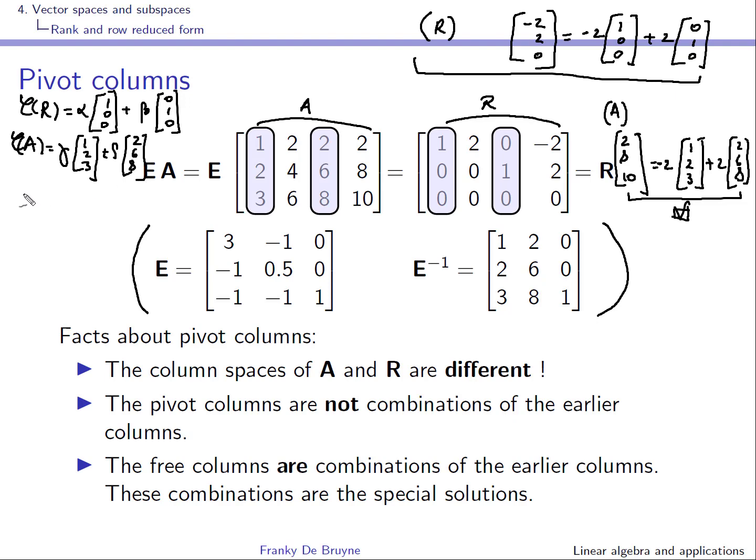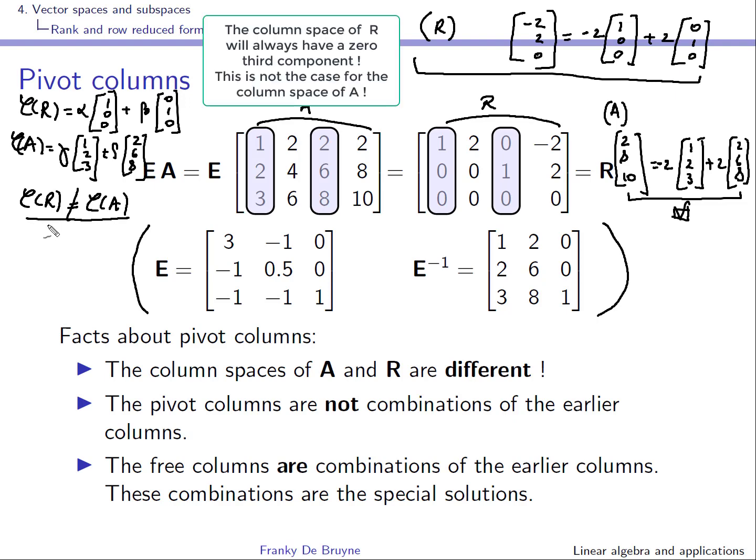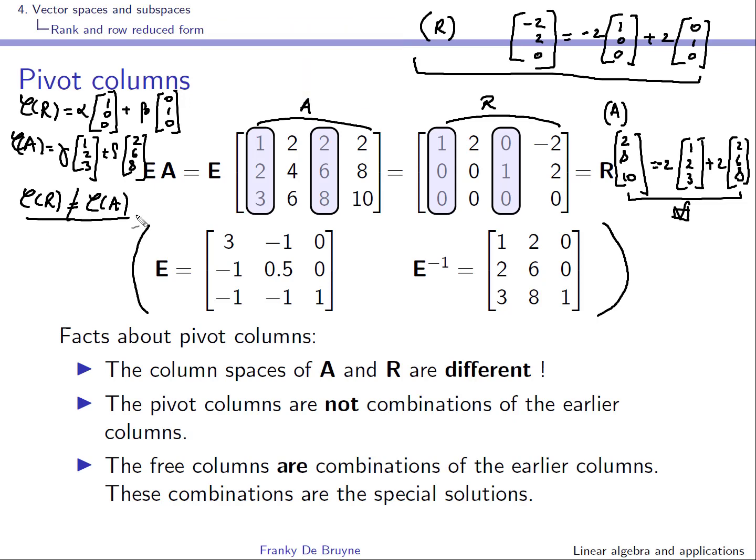Okay, and we see clearly that the column space of R is different than the column space of A. This is because we have done row operations, so column spaces are not preserved. So to compute the column space, the procedure is to do elimination.